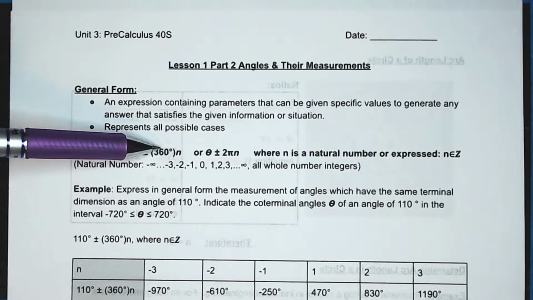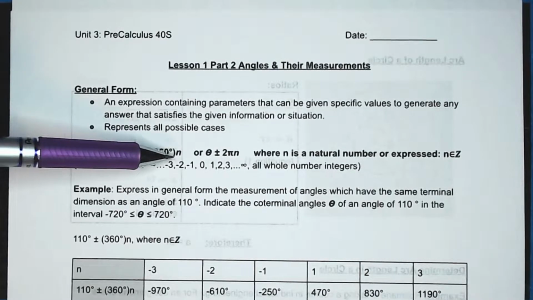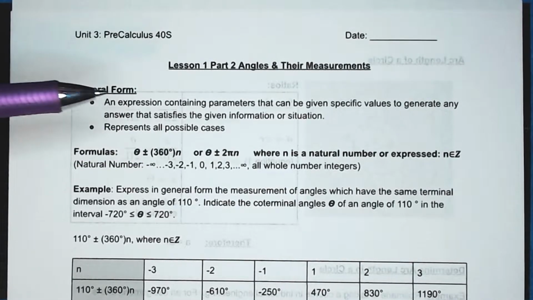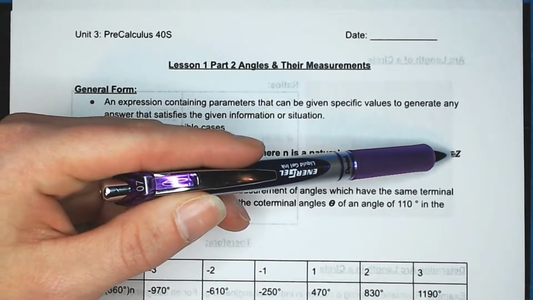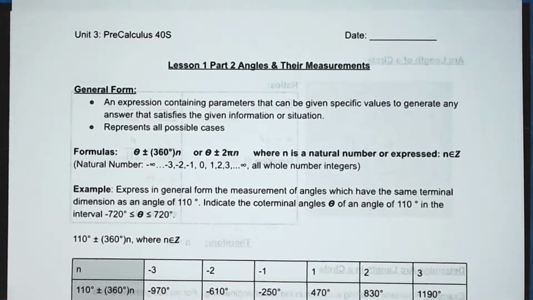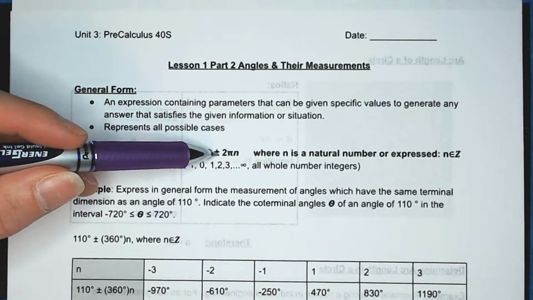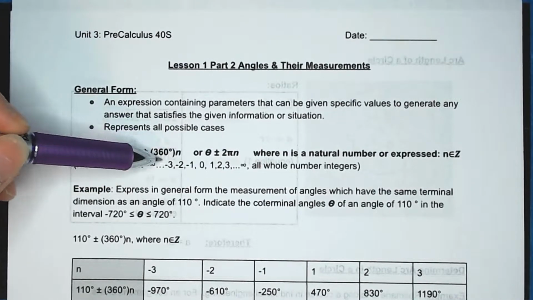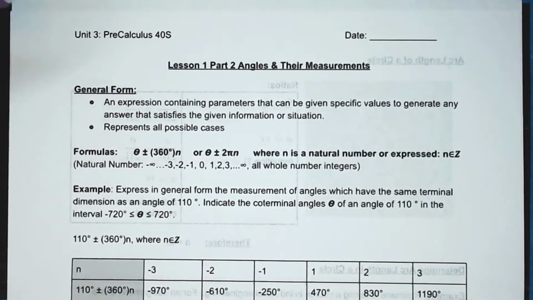If it's given in degrees, we have theta plus or minus 360 degrees times n, where n is a natural number, and we express it as n is an element of Z, or all whole number integers. We also have theta plus or minus 2 pi n, since 2 pi is equivalent to one rotation around the coordinate plane. And again, n is just a whole number.